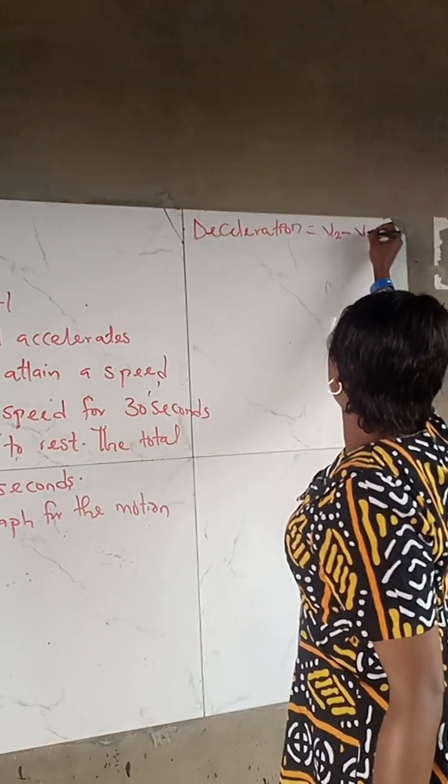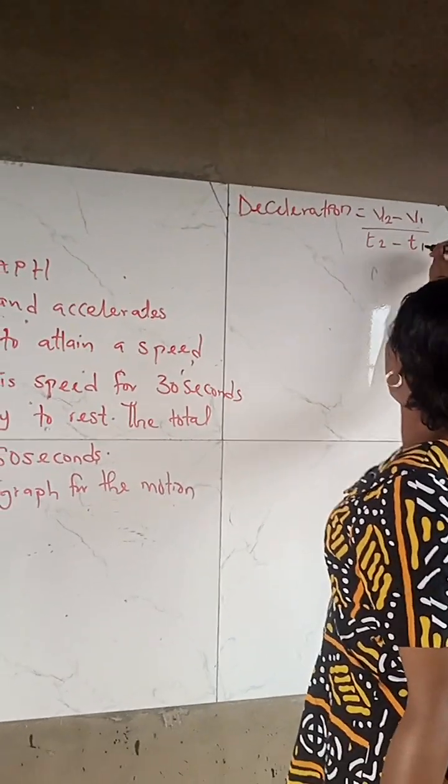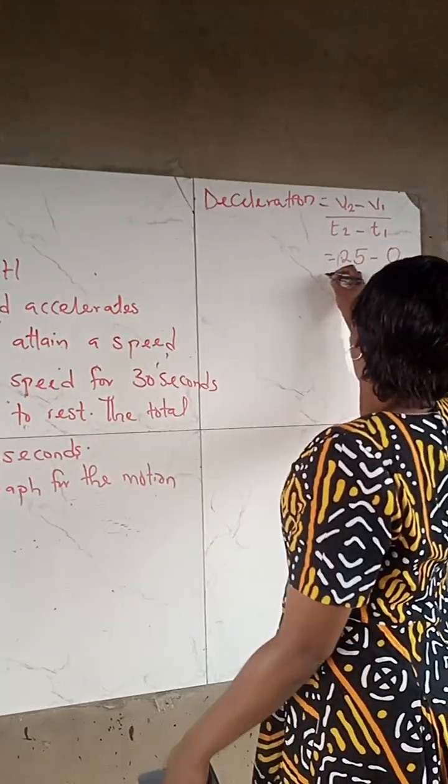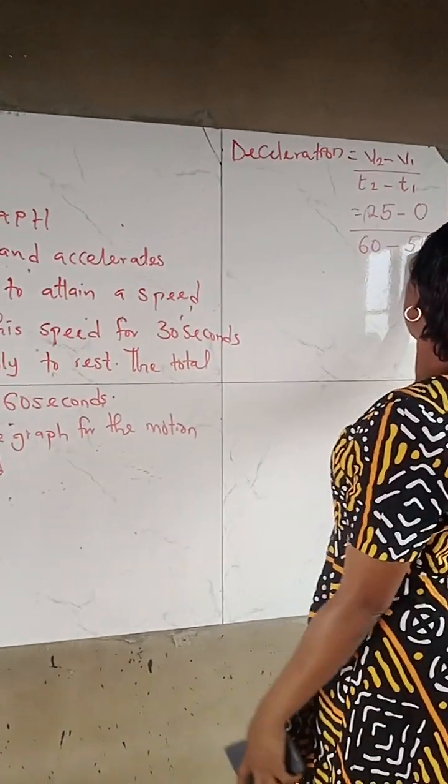That will give me V2 minus V1 over T2 minus T1. My V2 is 25 minus V1 which is 0, over 60 minus 50.